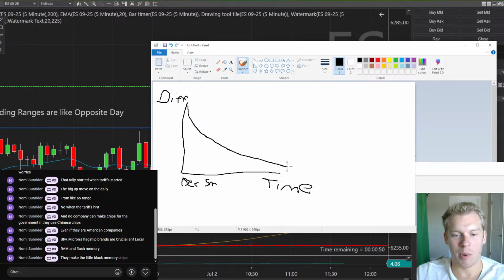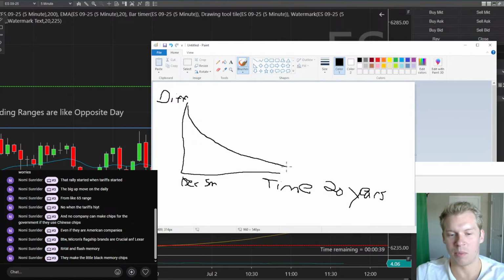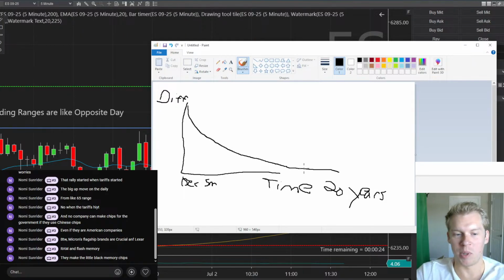And then when you go way out here and you're looking at 20 years, that's what people do when someone has a job and they have their 401k or they invest that money from the job, then they look up 20 years later or 50 years later, and they're way up. They have 10 times more than what they were initially contributing. So that's a rough idea of the difficulty scale.